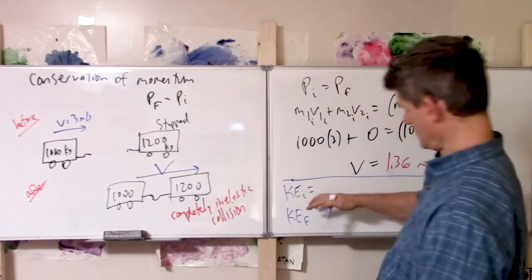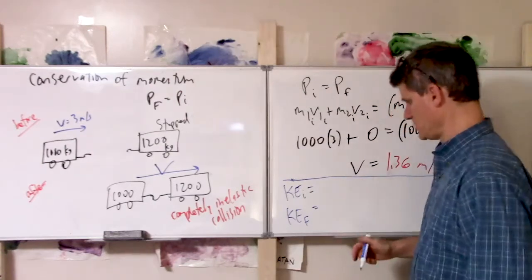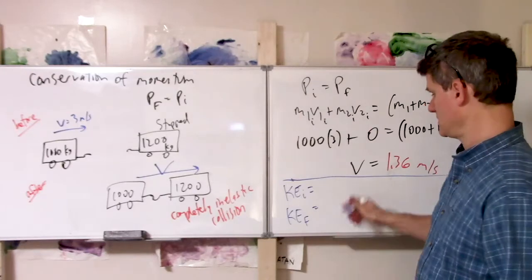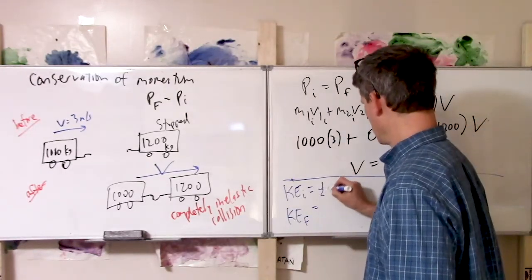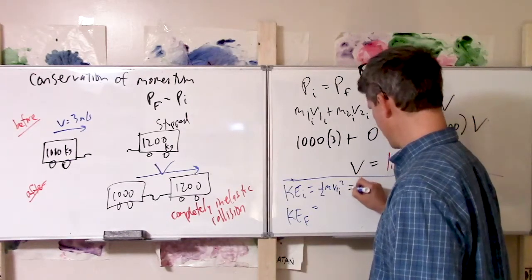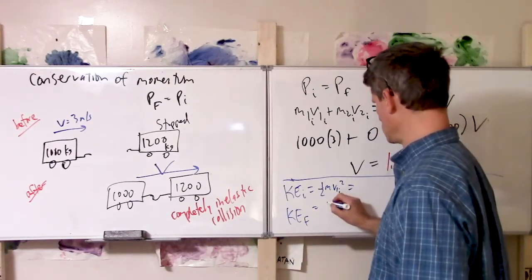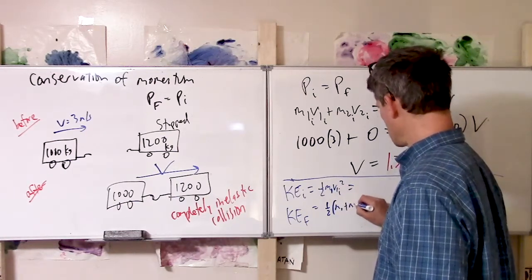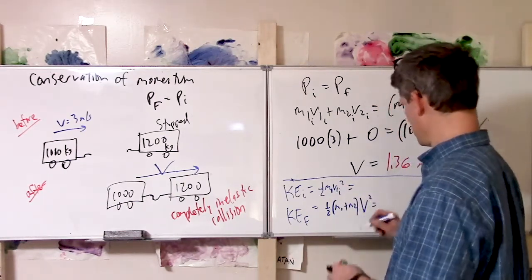So there's no question yet. I'll give you the answer, and then we'll look at the question. There's no question here other than what happened to the kinetic energies. So the initial kinetic energy is 1/2 m1 v1 initial squared, and the final kinetic energy is 1/2 (m1 plus m2) big V squared.